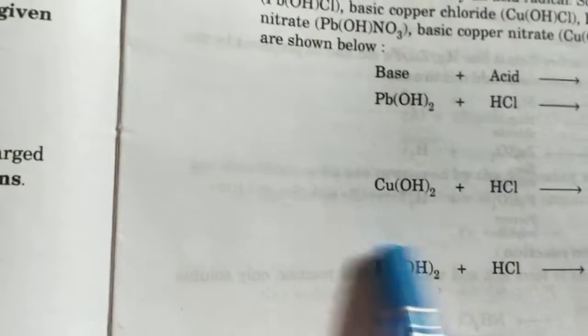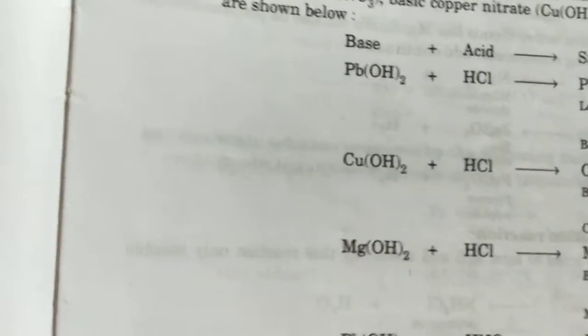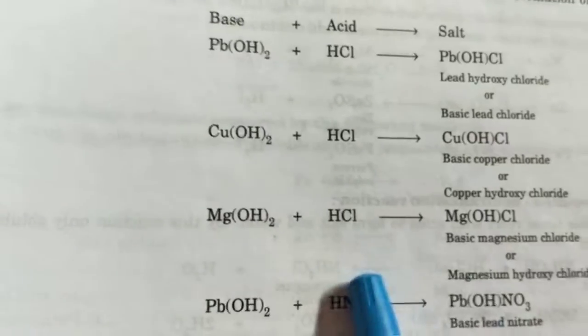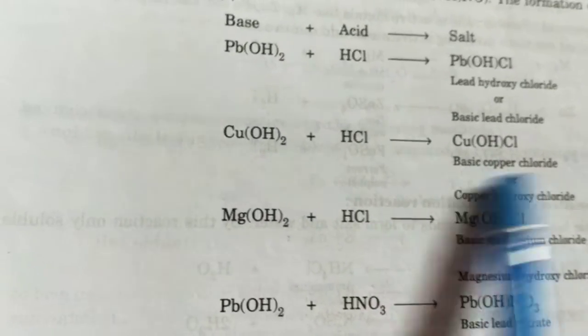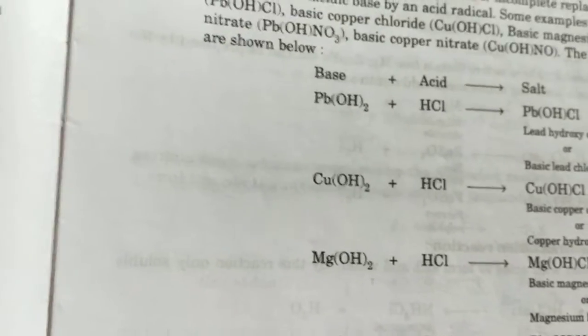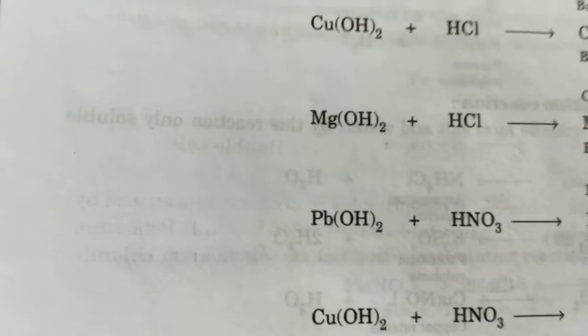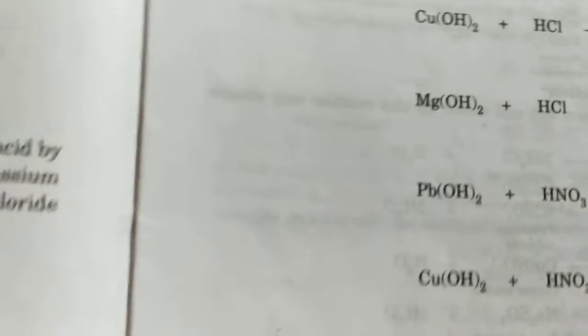When copper hydroxide reacts with HCl, then basic copper chloride forms. When magnesium hydroxide reacts with HCl, then basic magnesium chloride forms. Now, when copper hydroxide reacts with nitric acid, then basic copper nitrate forms.